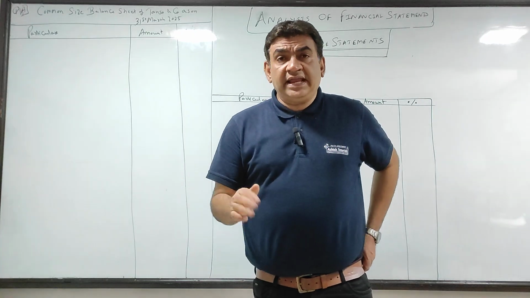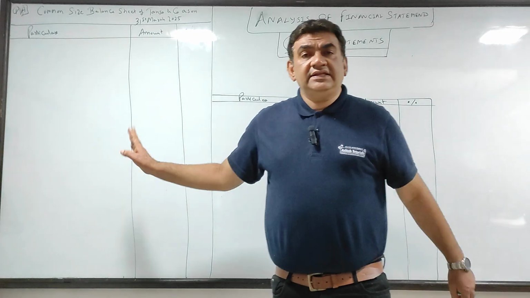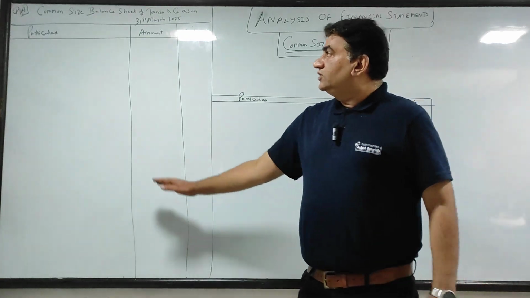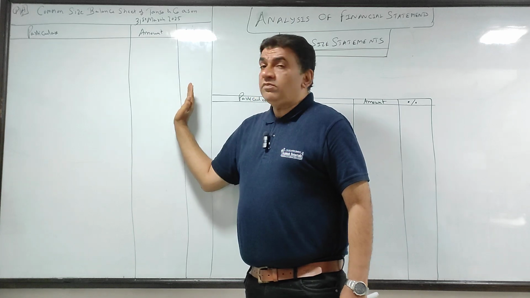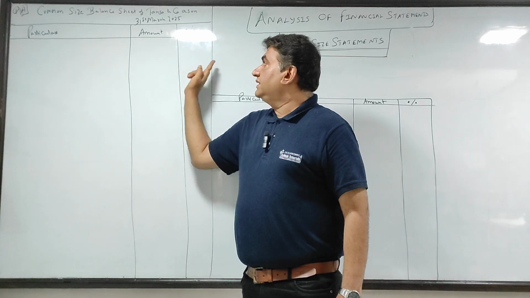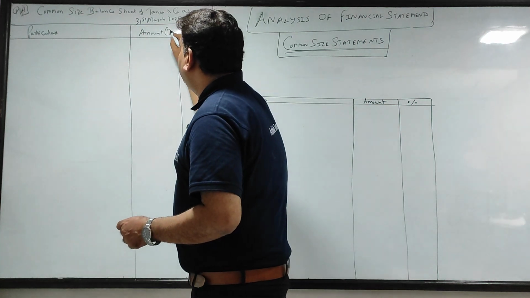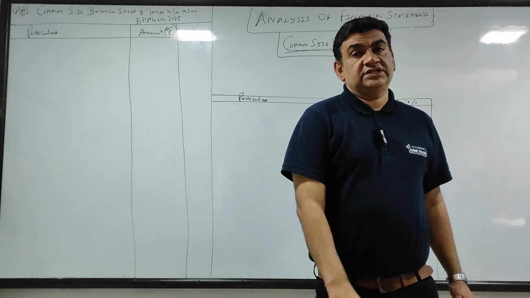In case there was breakup of current asset, then we would have thought of making a second column. But here we will try to fit in one column only. It will fit easily. So full page of particulars, single column of amount and single column of percentage.